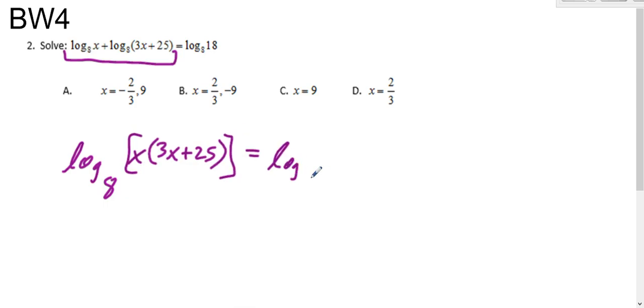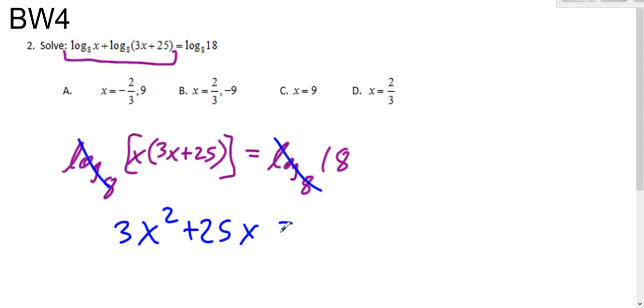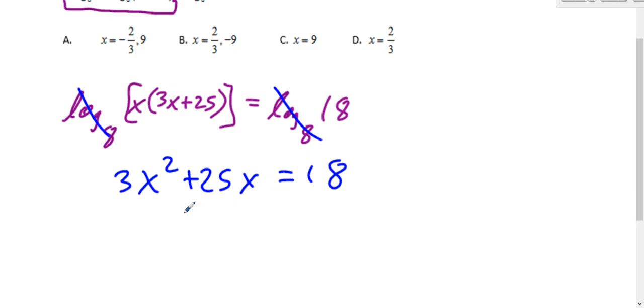Equals log base 8 of 18. Now, since we have the same log on both sides, the logs can cancel out. So this is 3x squared plus 25x equals 18. Move the 18 over so we can factor this.